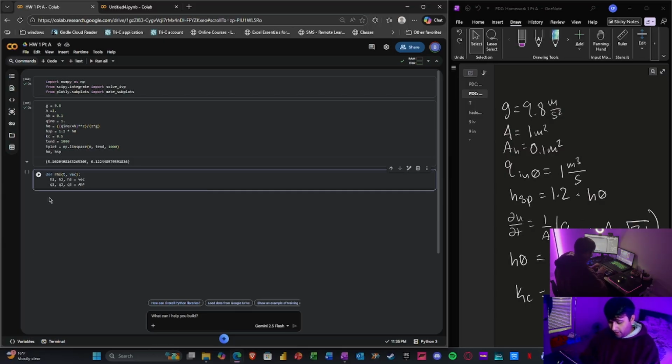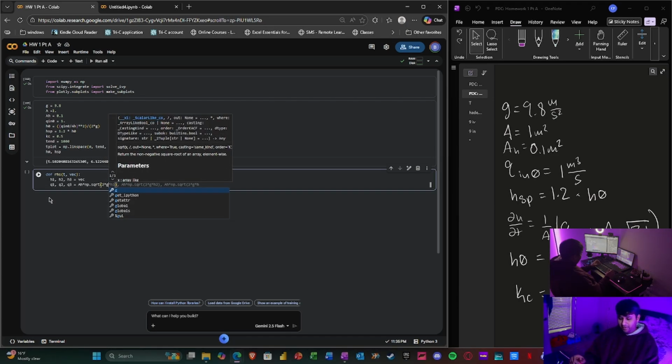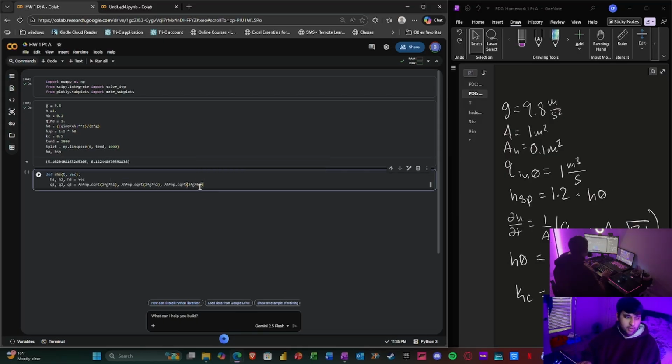If you remember that, it's from like 2 minutes ago. Square root of 2 times G. Except this one, since we're doing it for 3 outlets, we're going to have 3 equations, and the only difference is the height. So we're going to have height 1, height 2, and height 3.